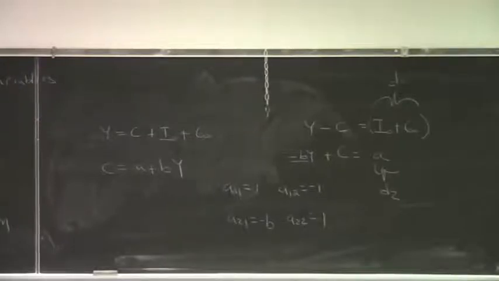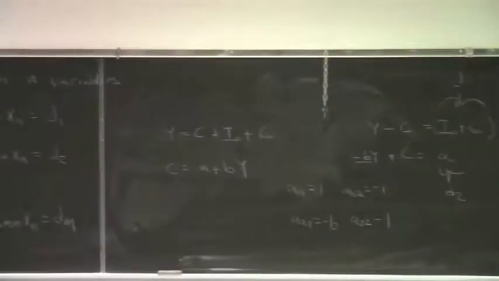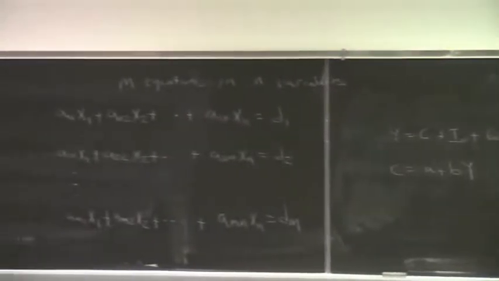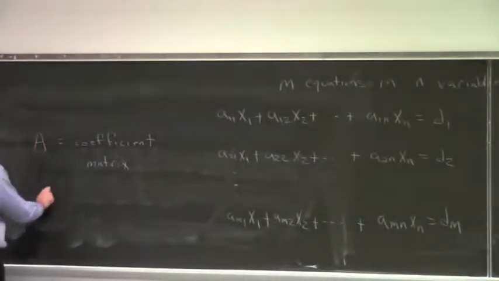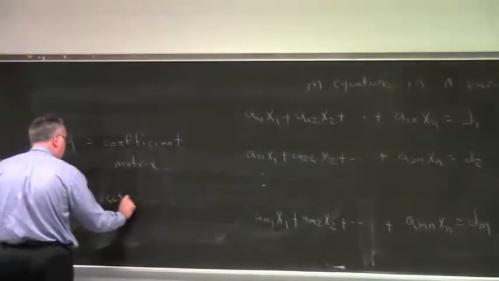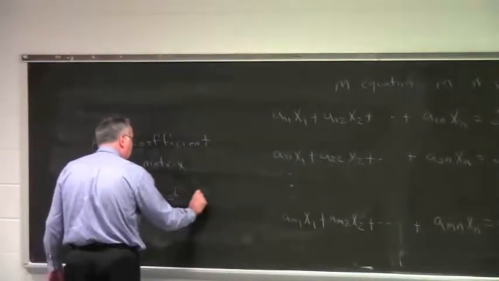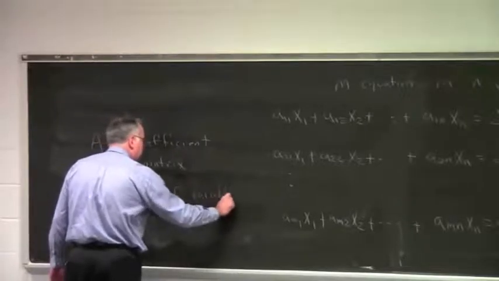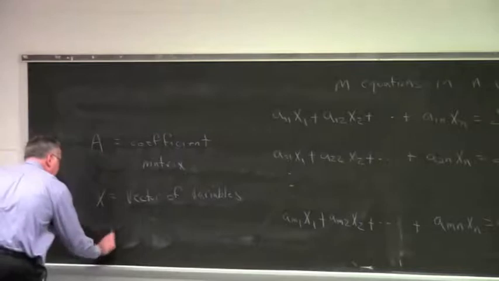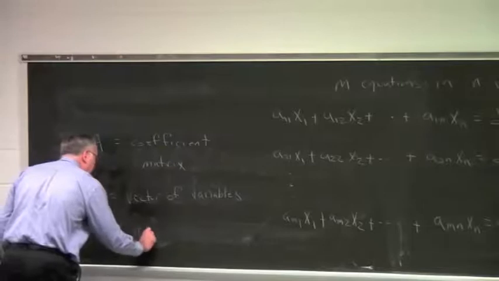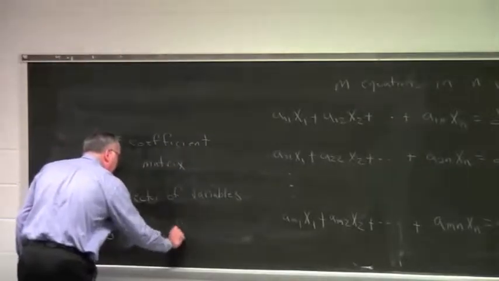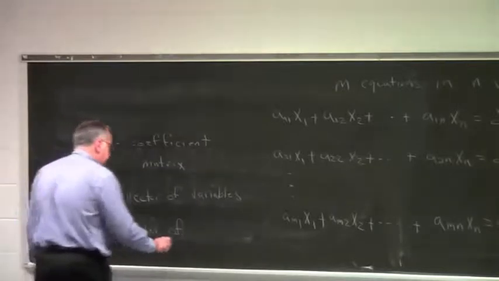Okay. Now, there are three components of a linear equation system. There's the coefficient matrix, A. There is X, which is a vector of variables. And finally, there's a right-hand side vector of constants. And let me just use RHS for right-hand side.